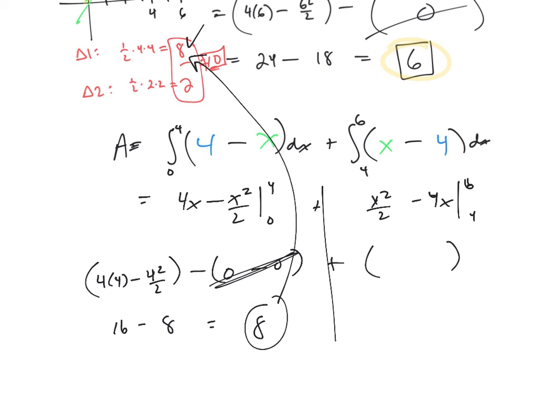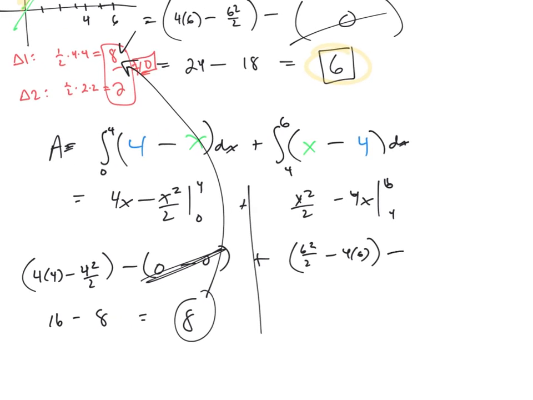Let's try the second one and plugging in a 6. 6 squared over 2 minus 4 times 6. And then minus. This is why I set up the parentheses. Told you I have to think of the big picture here: plugging in the first, plugging in the second, subtracting the 2 for my limits of integration.